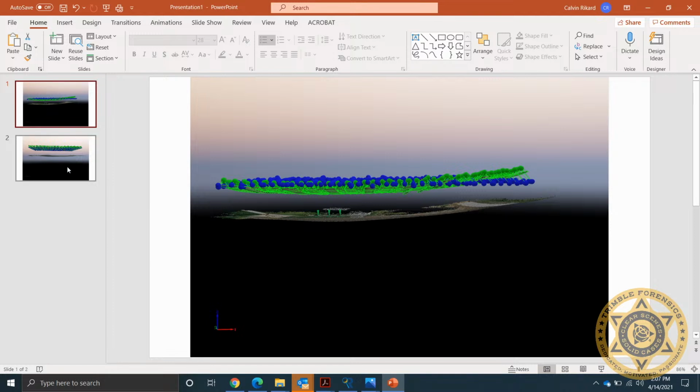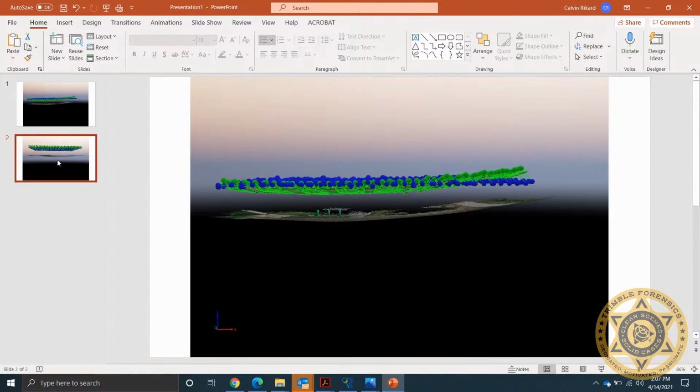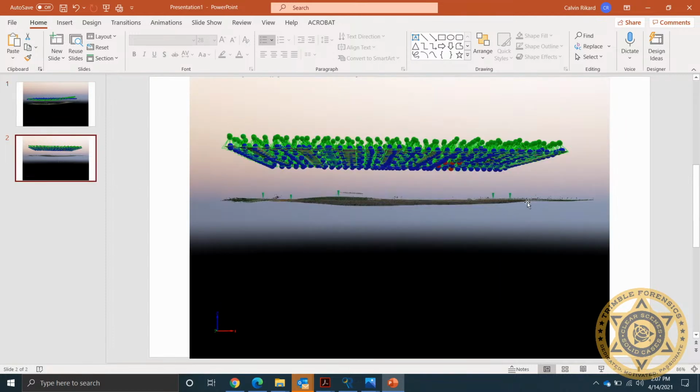But when we use five control points spread out throughout the collision scene, we start to see there's a lot of elevation that this first photograph is missing. We see that elevation in true form of what is actually out there.